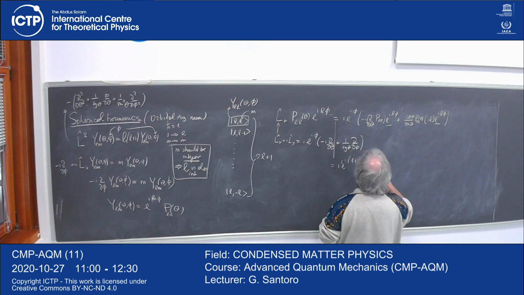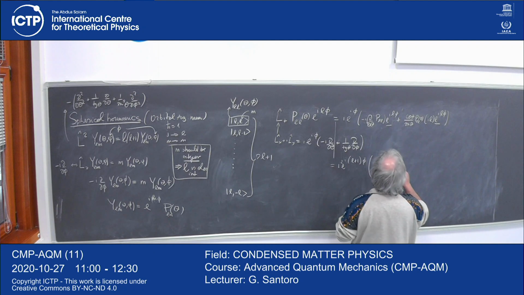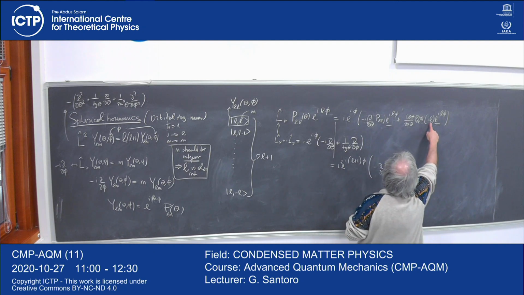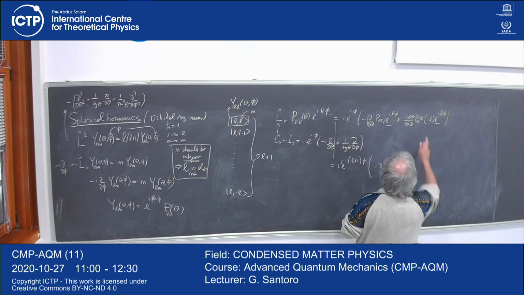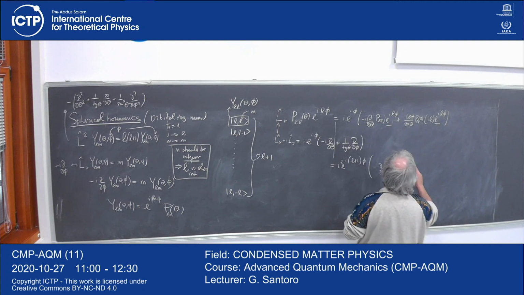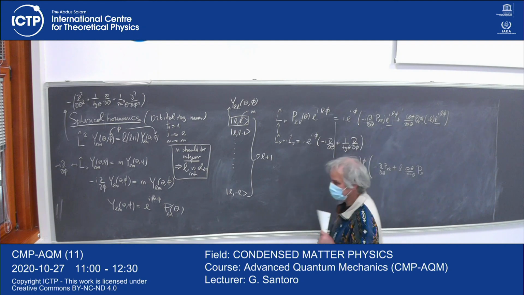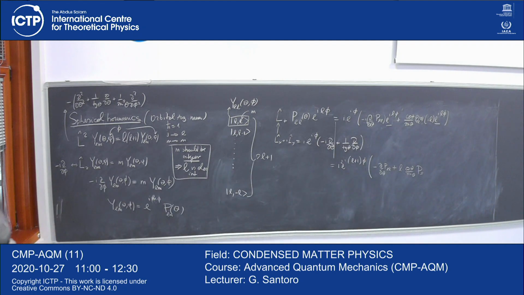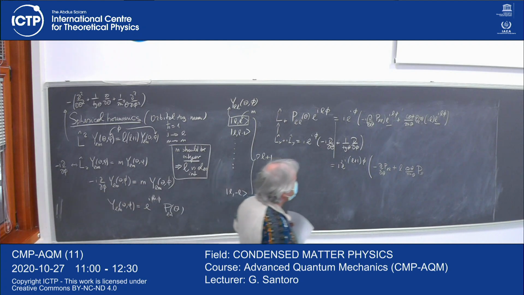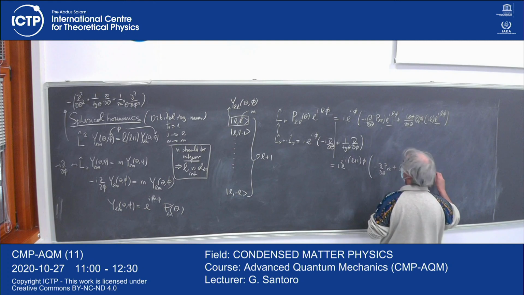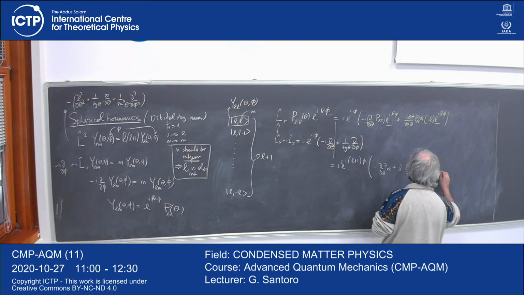And then I have minus the derivative with respect to theta of P_LL, plus L times cos theta divided by sine theta times P_LL, okay, this should be equal to 0.